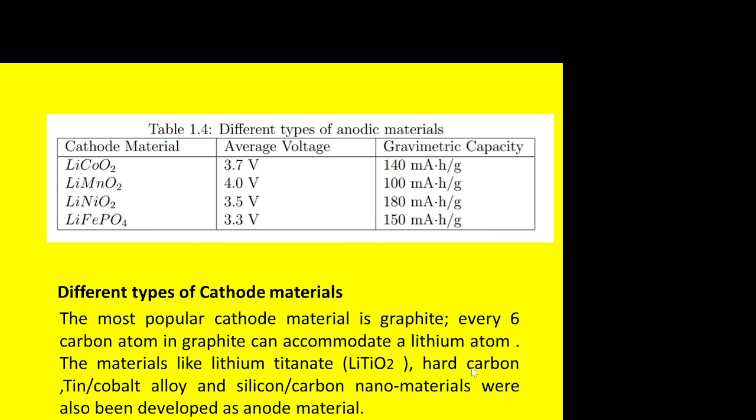Other materials which can be used are hard carbon, tin cobalt alloy, and silicon carbon nanomaterials as cathodic materials, which are also under development. So a large number of developments are happening in the field of lithium-ion batteries, and a large amount of research is going on, particularly in the field of electrical vehicles.